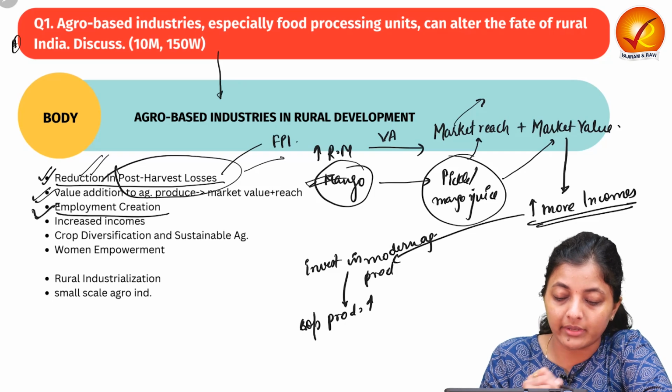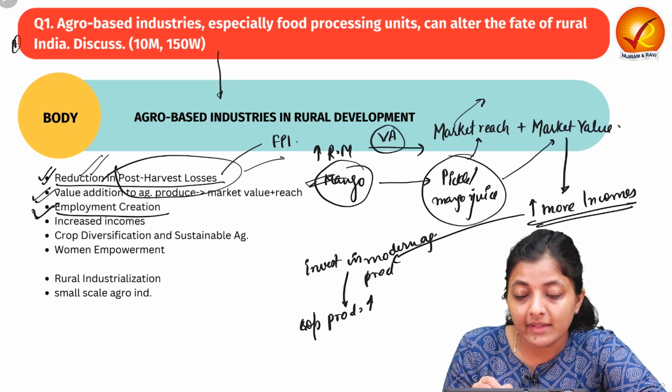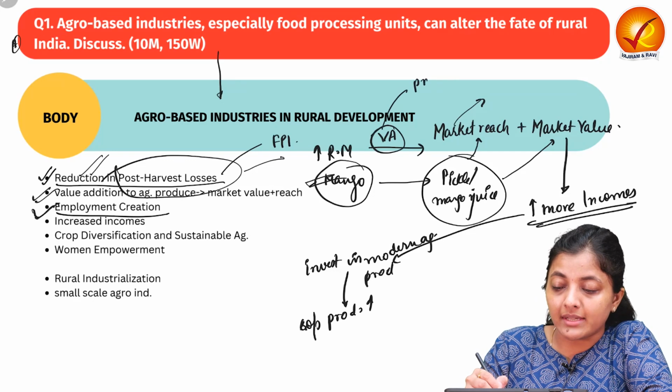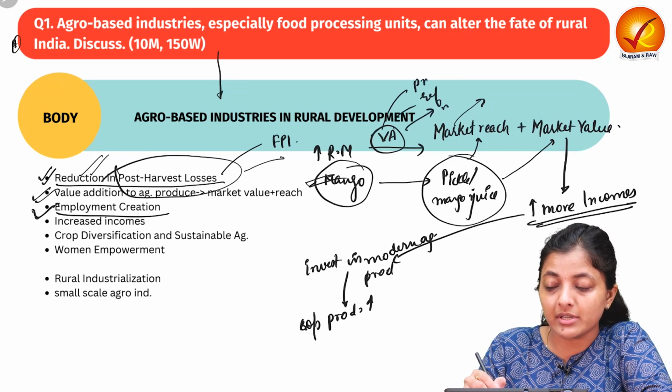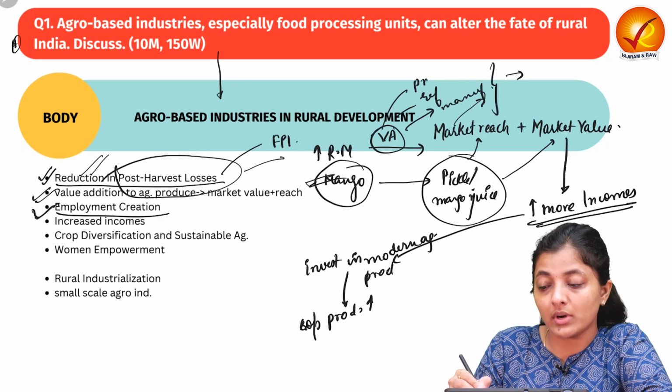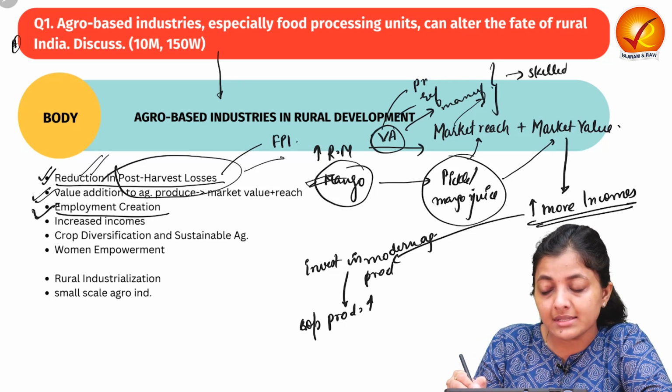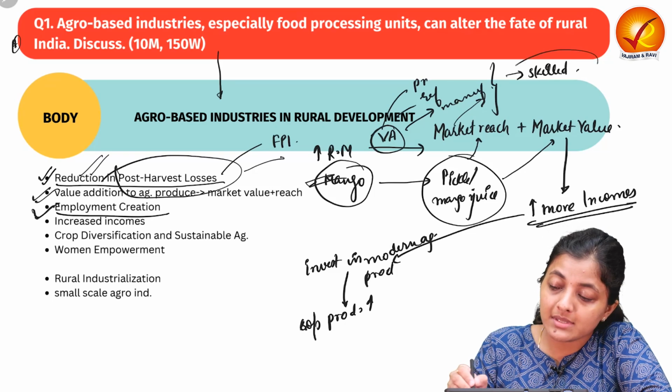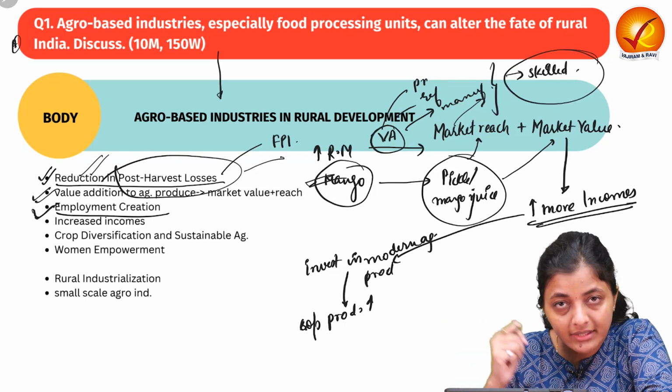Then employment creation. When this value addition or the processing, refining or the manufacturing of the products is happening, it means this stage requires the skilled and the unskilled workers. It means this processing is generating the employment.